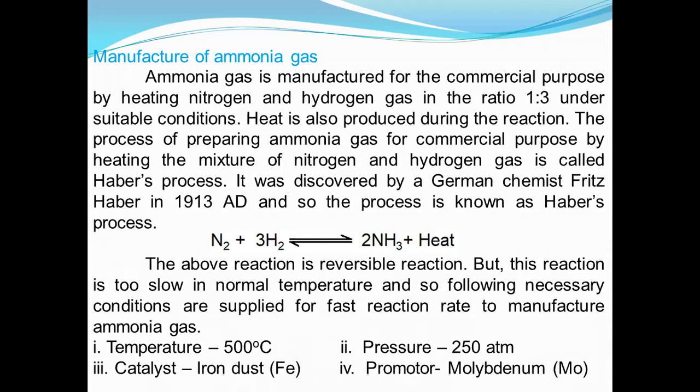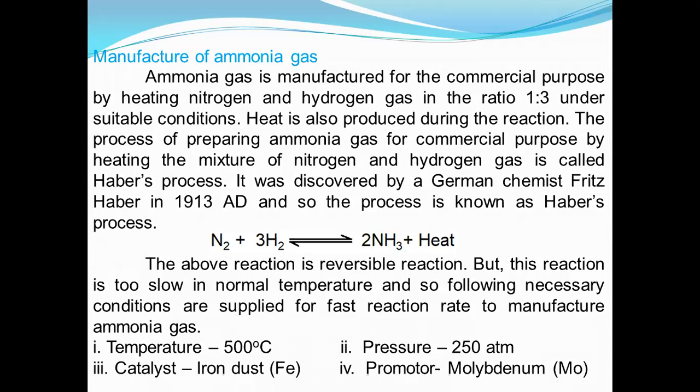Actually, a promoter also acts like a catalyst, but not exactly a catalyst. Listen properly. Here the catalyst is the iron dust, and iron dust is solid in nature, and it cannot initiate the reaction as quickly, or it cannot initiate the reaction.